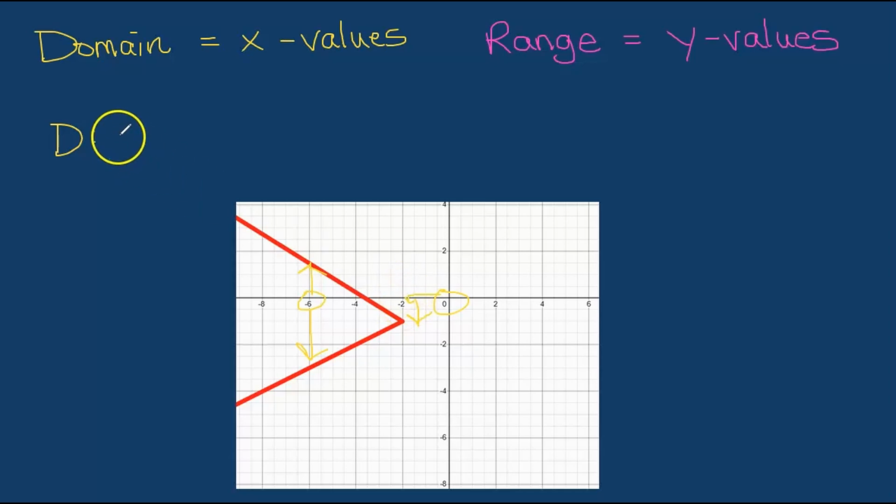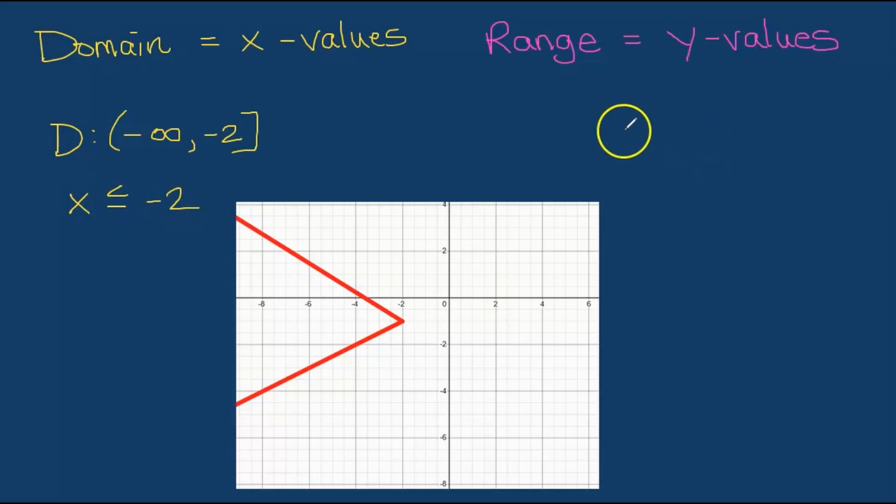So that means that the smallest number is going to be -∞, but the biggest number is going to be -2 and will stop. And at this point, we can write that x is going to be less than or equal to -2.